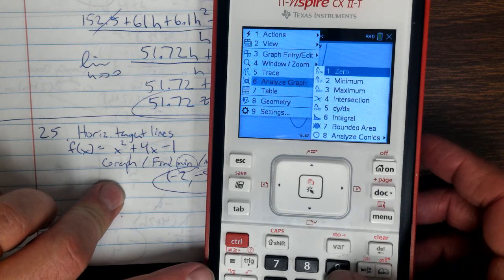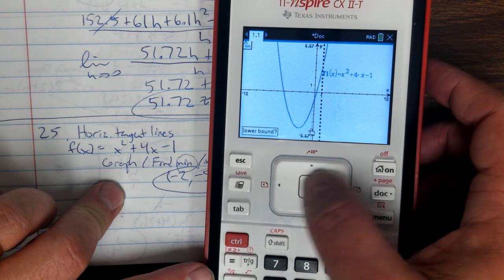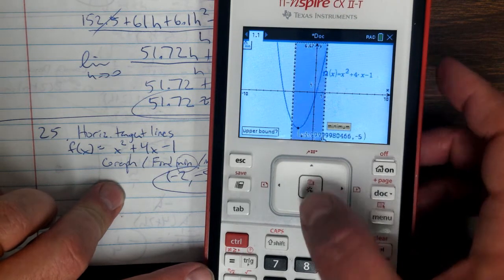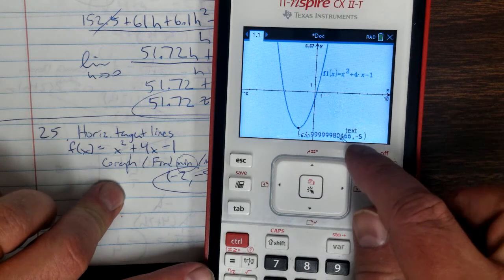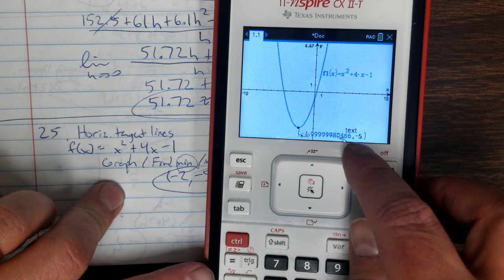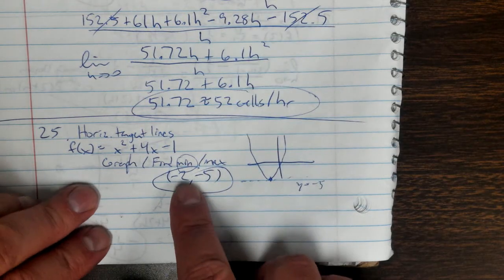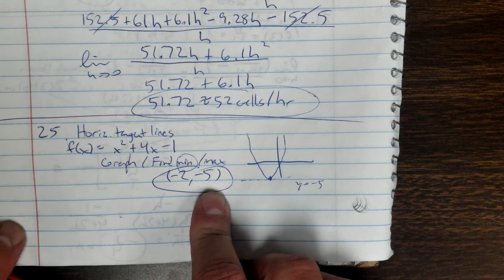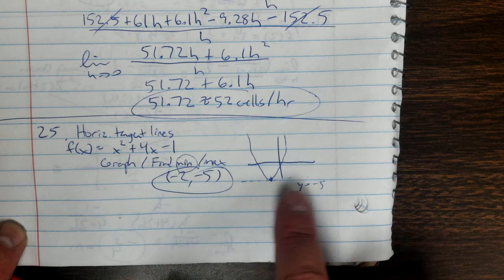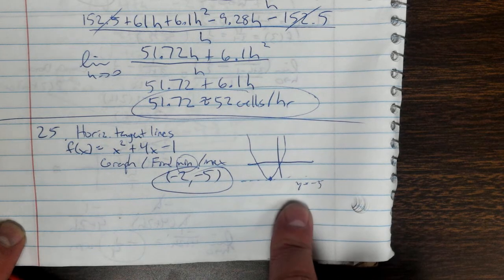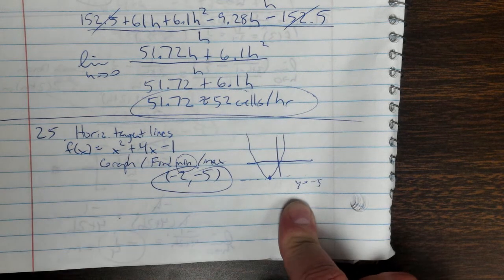We do analyze, then the minimum between here and here. That's going to be interpreted as -2 for x and -5 for y. So your minimum is -2, -5. And so that means the tangent line would be y equal -5. So that's how you do it.